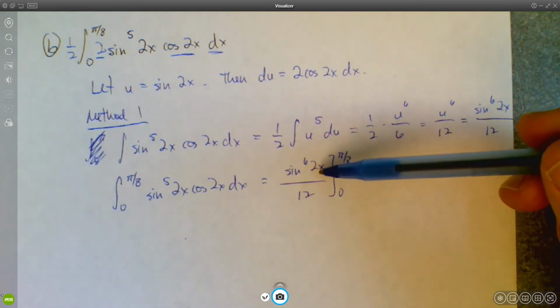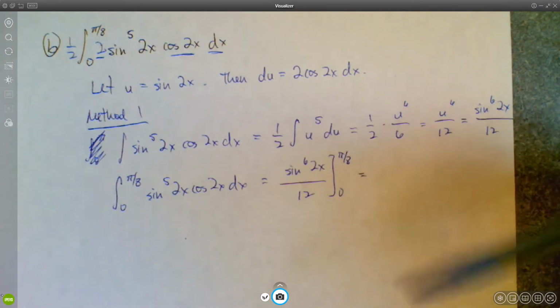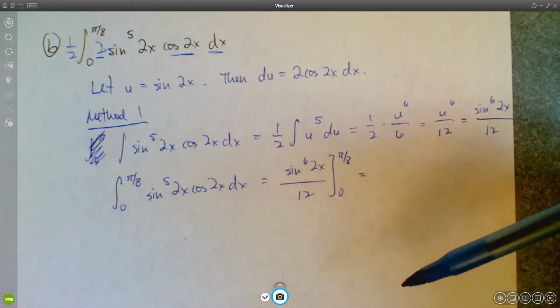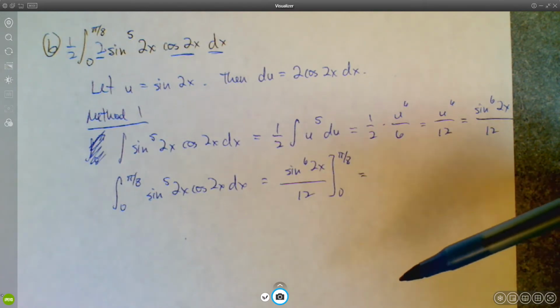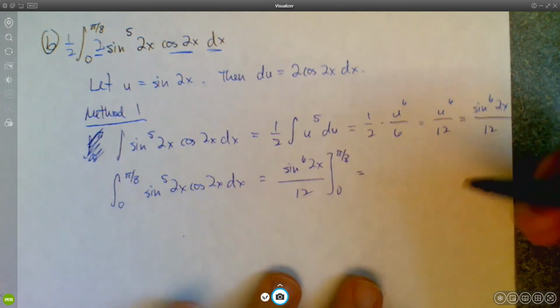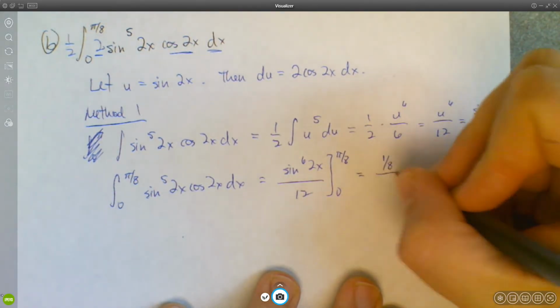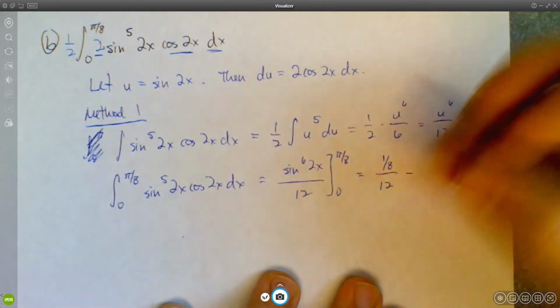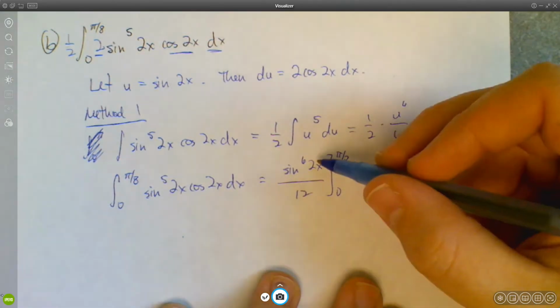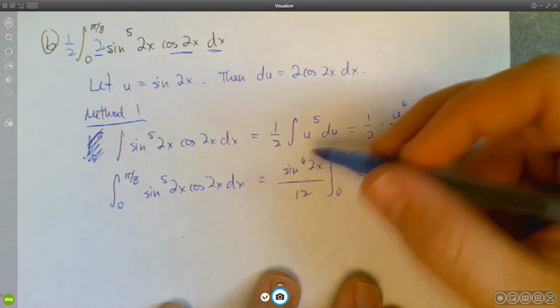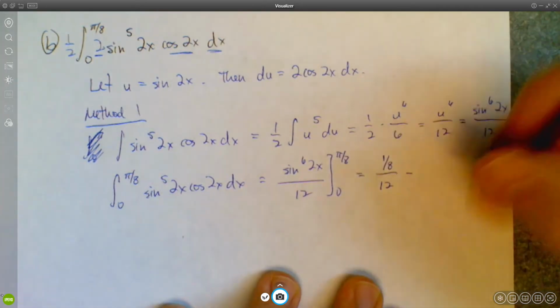Sine of pi over 4 is root 2 over 2, or 1 over root 2 if you prefer. 1 over root 2 to the 6th power would be 1/8, I believe. So it's going to be 1/8 over 12 minus, now if I plug in 0, that's a little easier, right? 2 times 0 is 0, sine of 0 is 0, 0 to the 6th is 0, 0 divided by 12 is 0.